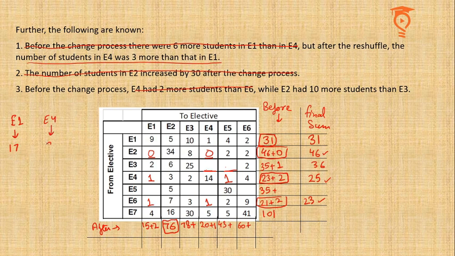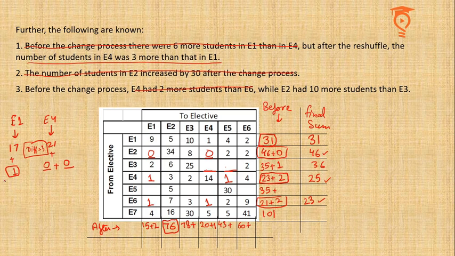Two cells are remaining in E4 and one cell is remaining in E1. Now, if you add anything in E4, you will never be able to maintain a difference of 3. So there is only one way out: you add two zeros to E4 and a 1 to E1. That is the only way out, because remember, we cannot add anything other than 0 or 1.